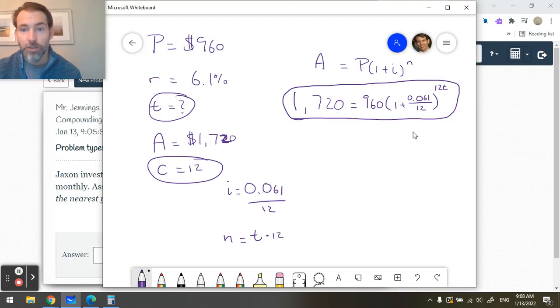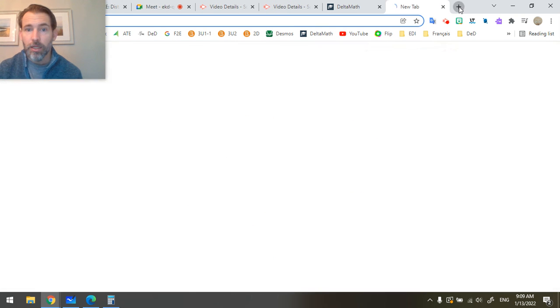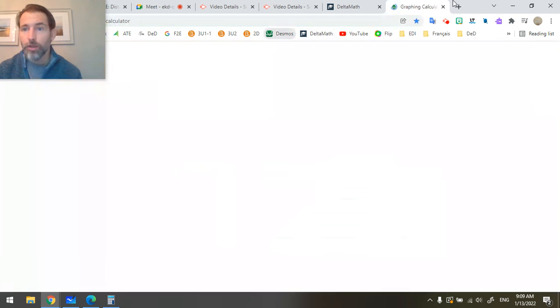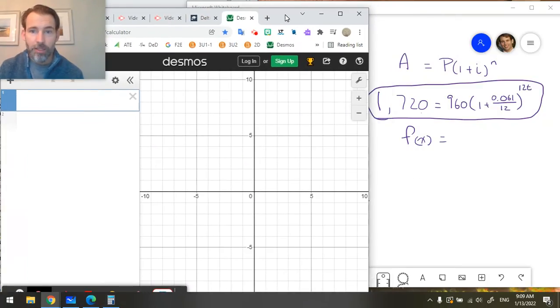This is an exponential function. We could call a new function f of t equal to this, and find out when it equals that. So that's how I'm going to solve this problem. So I'm going to put this over here. I am going to make Desmos this size so that I can write that in.